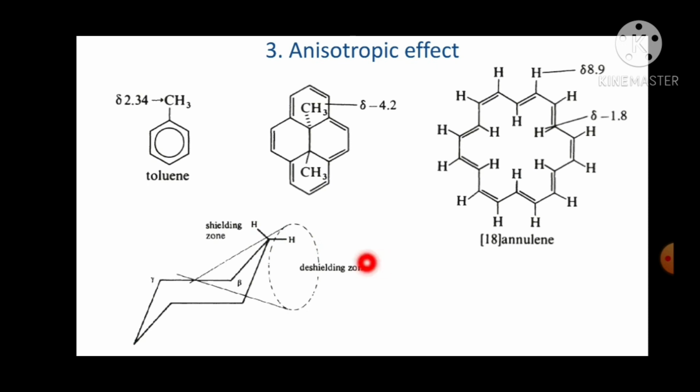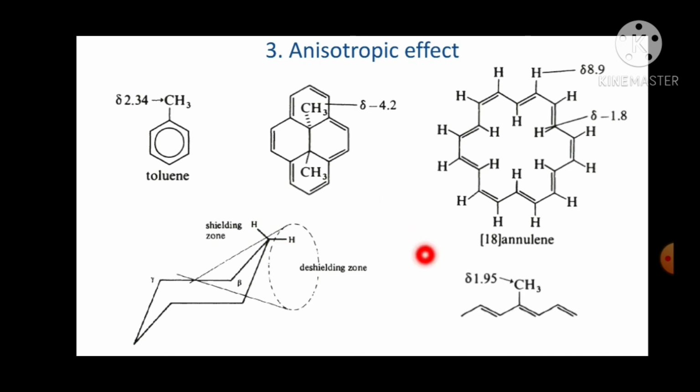Protons in an equatorial position appear in a deshielded zone, so they appear at a higher delta value. If the proton is along the axis, it is called an axial proton, and it will be in a diamagnetic zone, so it will be a bit shielded. Between axial and equatorial protons there is a difference of 0.5 ppm.